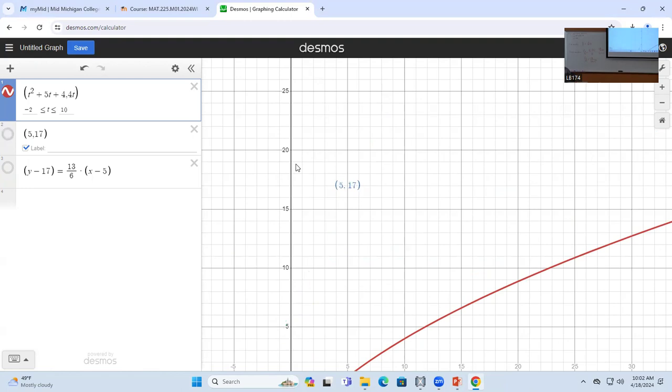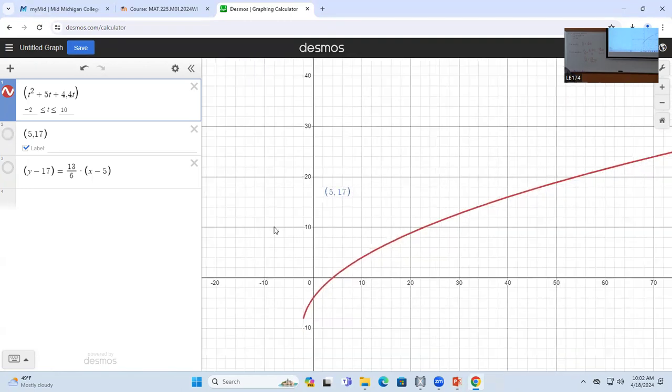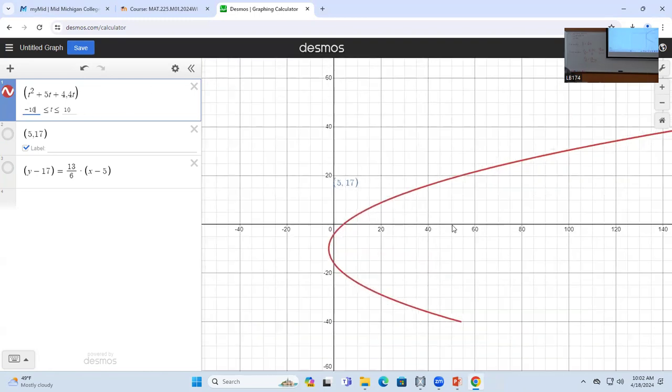Start with -10. That's this. We get a parabola, like I said, pointing to the right.